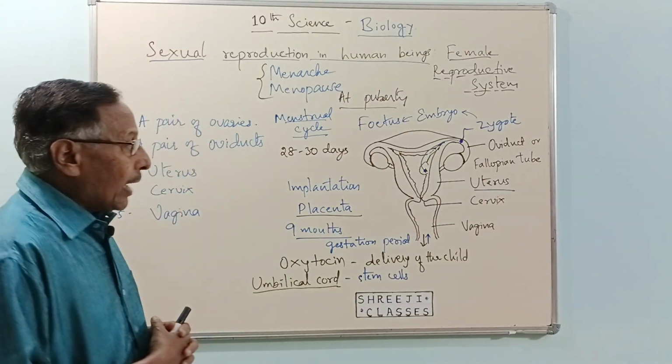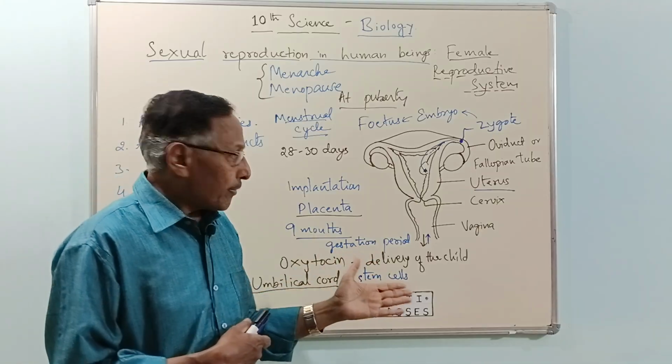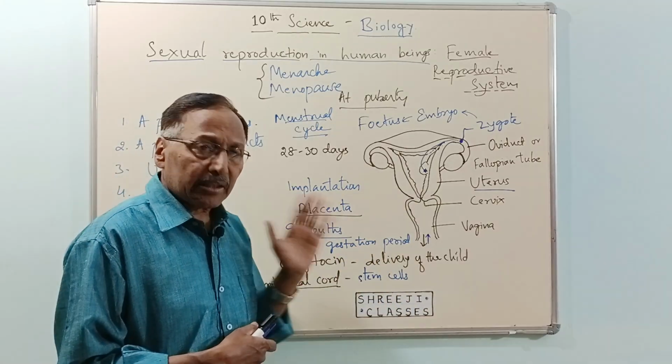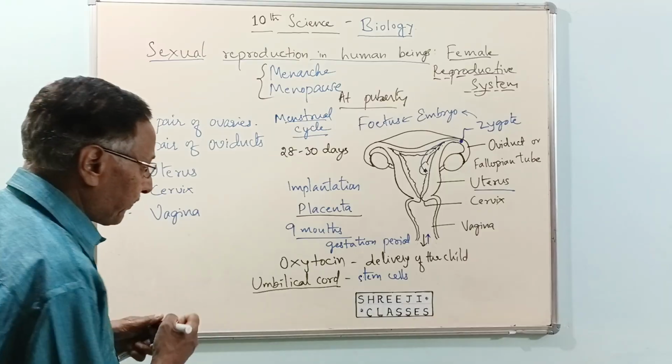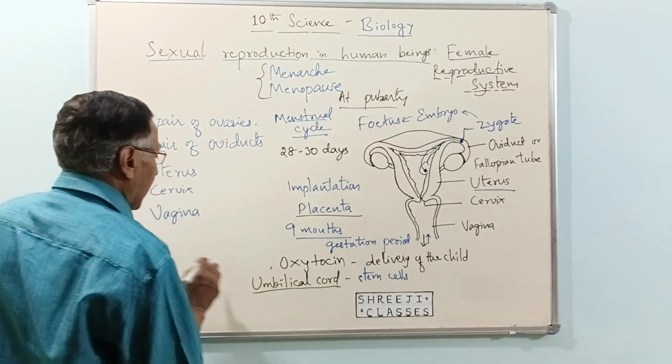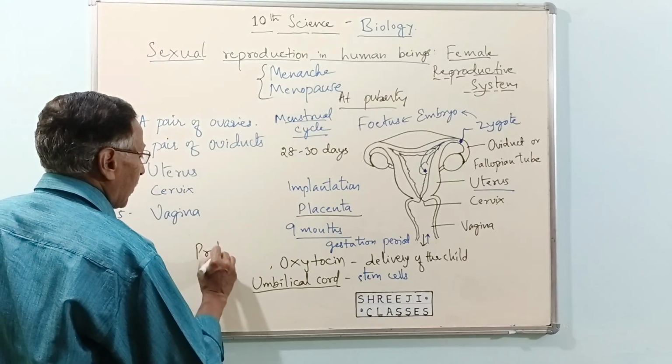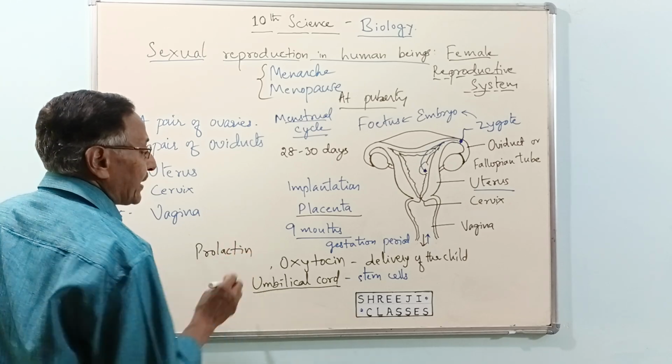Alright? After the release of the child through the vagina, another hormone is produced called as prolactin.